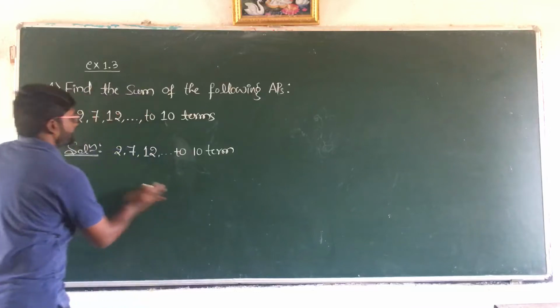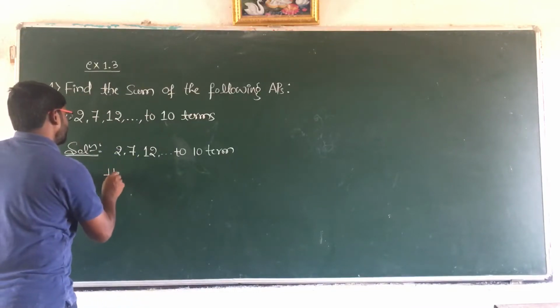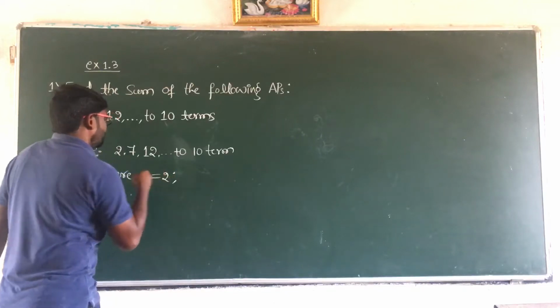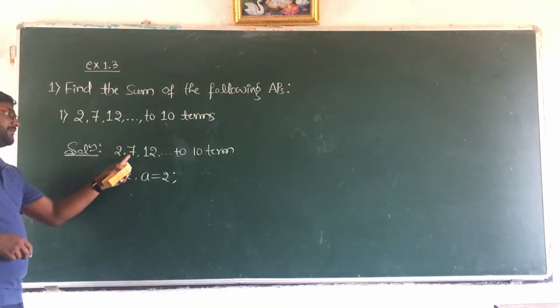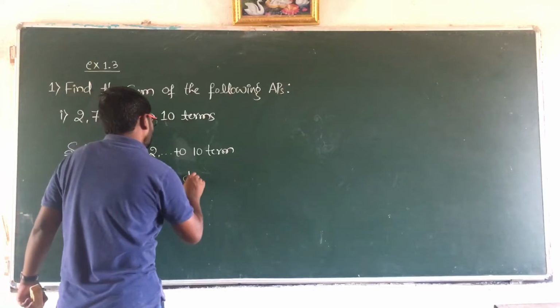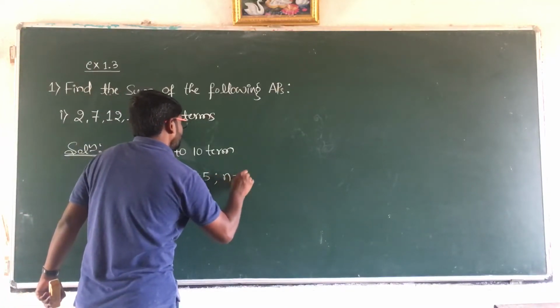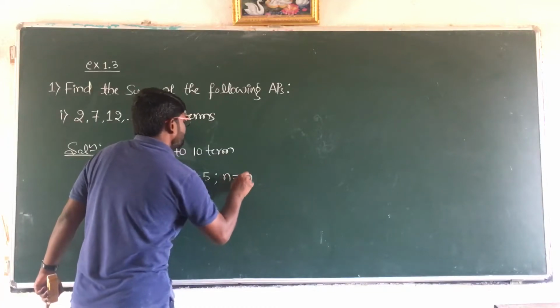So now see here, A is equal to 2. Then D is equal to 7 minus 2, which is 5. And then N is equal to 10.